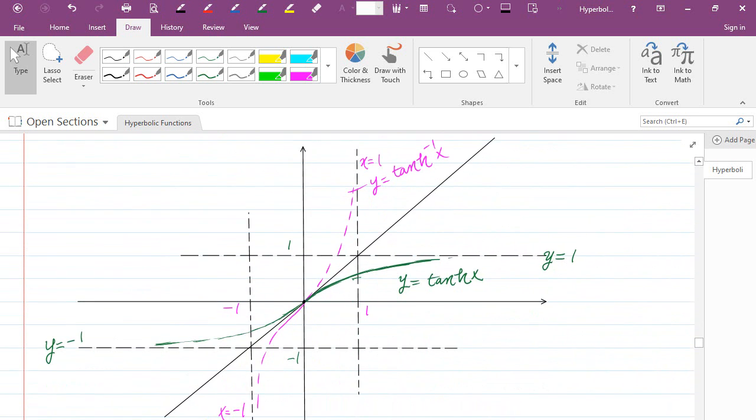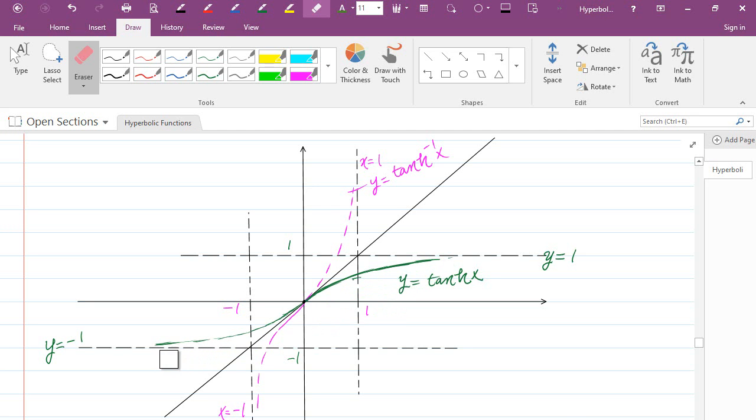And we know that the hyperbolic tangent of 0 is 0. It passes through 0. It is concave down when x is positive and concave up when x is negative. So we get this graph.